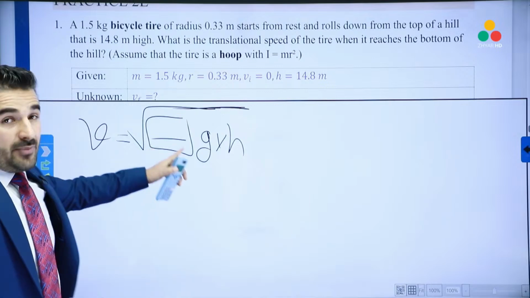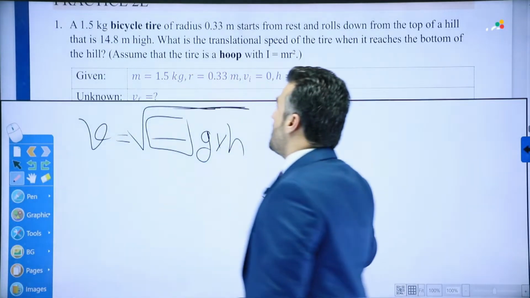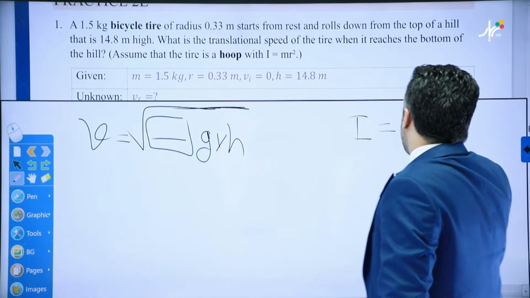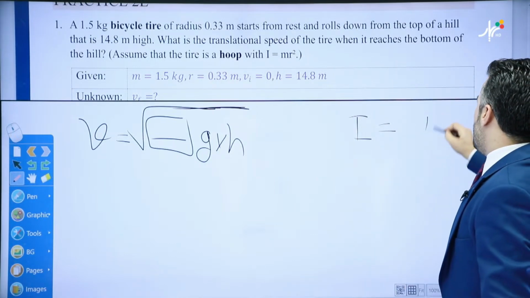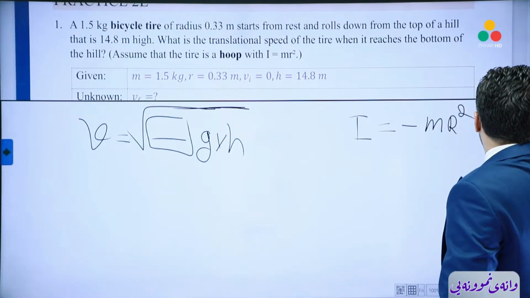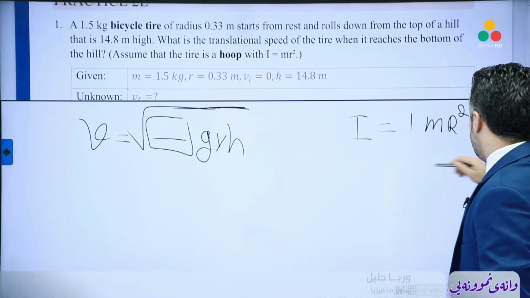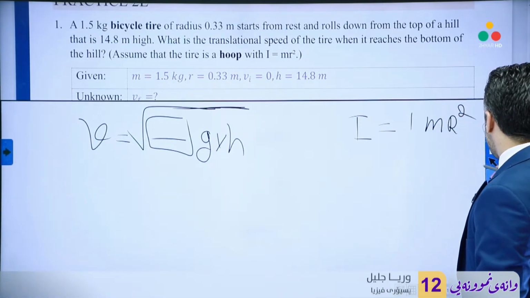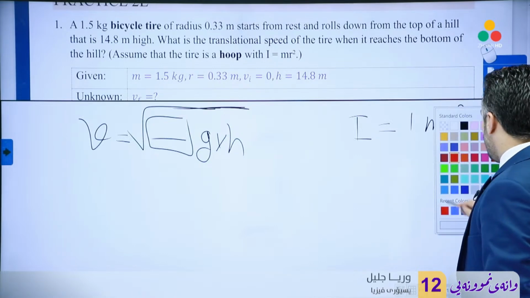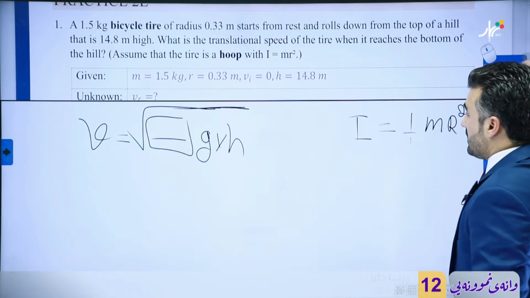We said this factor depends on the shape. What is the shape of a bicycle tire? It tells you to consider the shape as a hoop, right? And that is, of course, mass times the radius squared. So we can consider this to be 1. It is 1 indeed, okay? And of course, the bottom of this one is also 1, yeah? So we can say 1 over 1 so that we can use the equation.